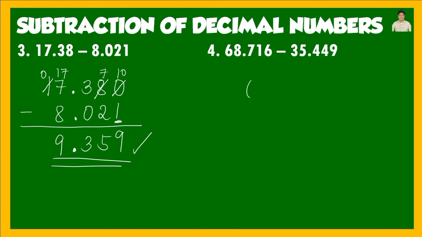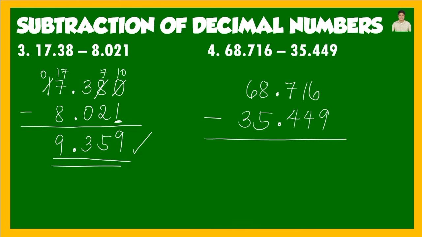Next, 68 and 716 thousandths minus 35 and 449 thousandths. 6 minus 9 cannot be. So, manghihiram tayo dito sa 1. So, ito magiging 0.